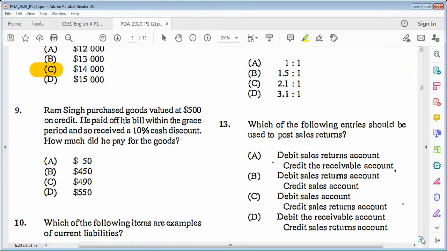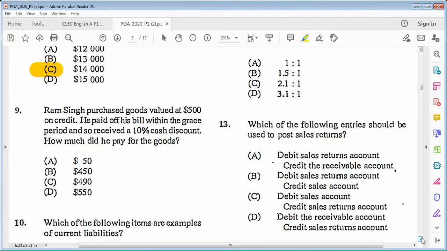Let's go on to number 9. Ram Singh purchased goods valued at $500 on credit. He paid off his bill within the grace period and so received a 10% cash discount. How much did he pay for the goods? A, $50, B, $450, C, $490, or D, $550.